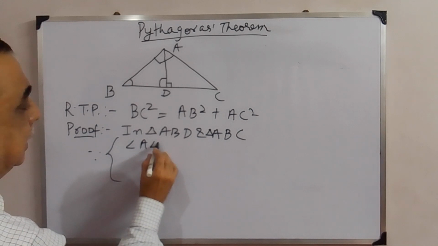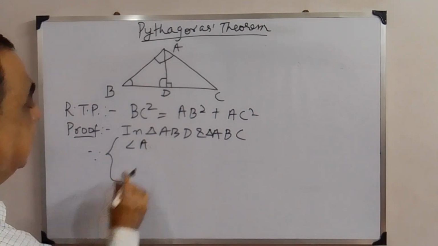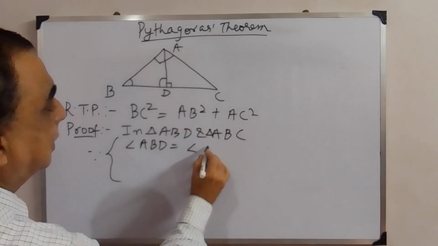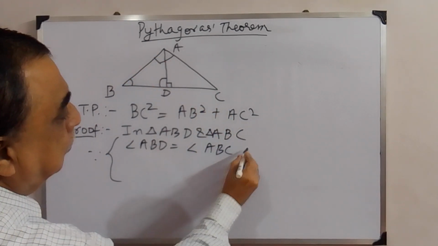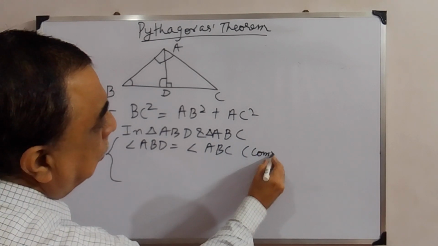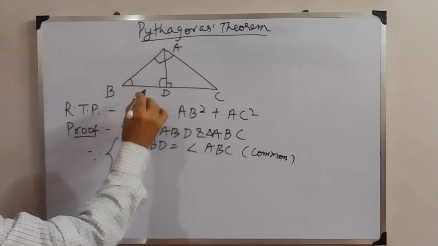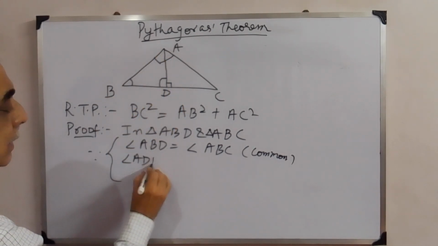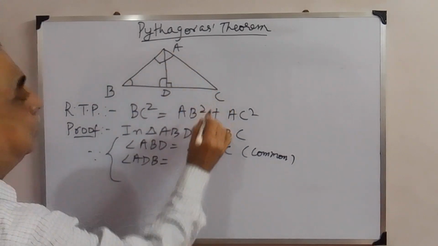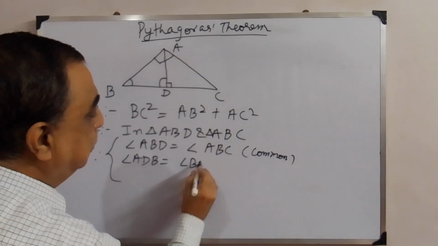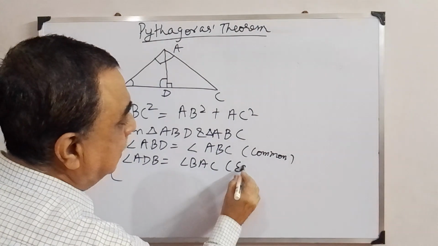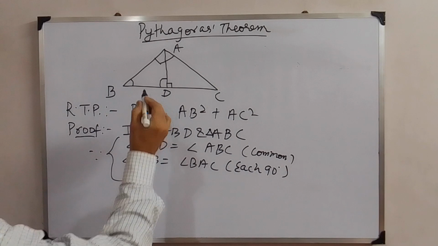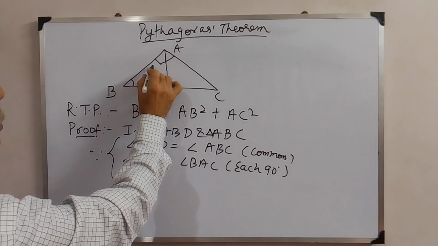Angle ABD is equal to angle ABC of the bigger triangle because they are common. Next, angle ADB is equal to angle BAC because each is 90 degrees. Now the third angle will then be equal.